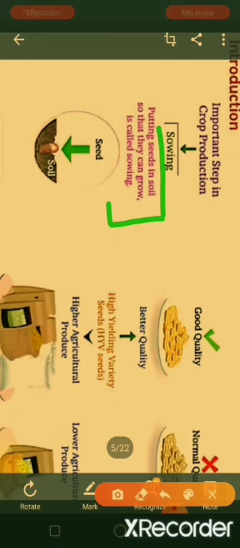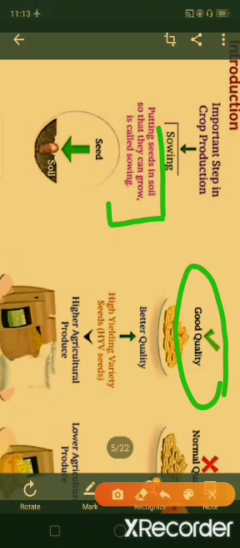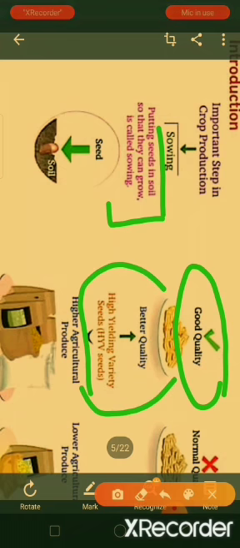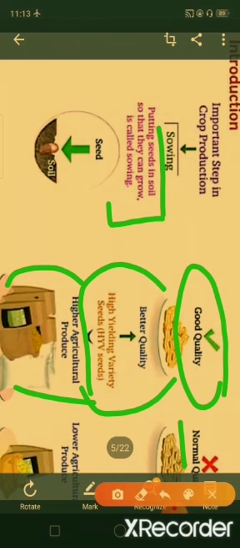The seeds should be of good quality. Better quality seeds are high yielding variety seeds, that is HYV seeds. They give us higher agricultural production. If we use normal quality seeds, the production is likely to be reduced.